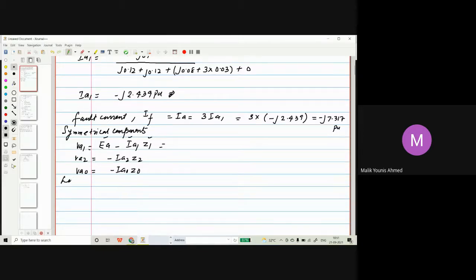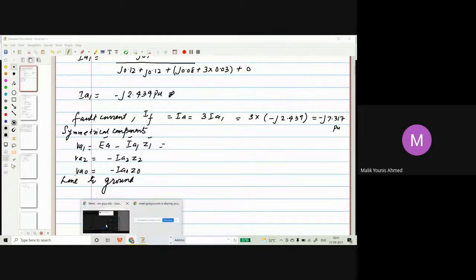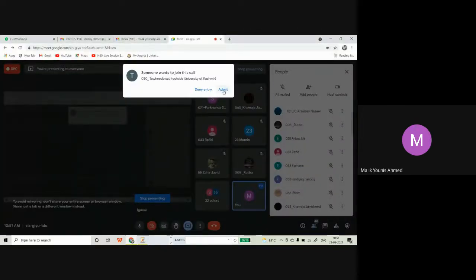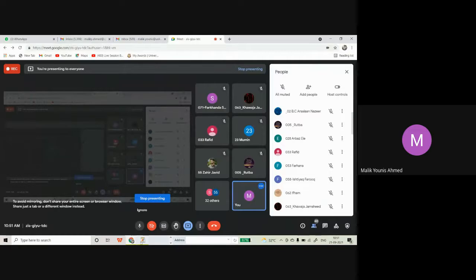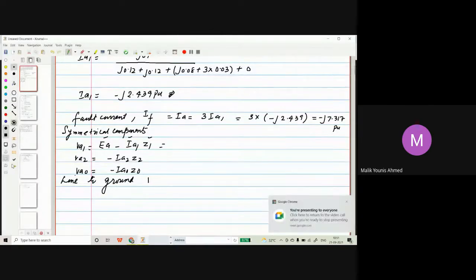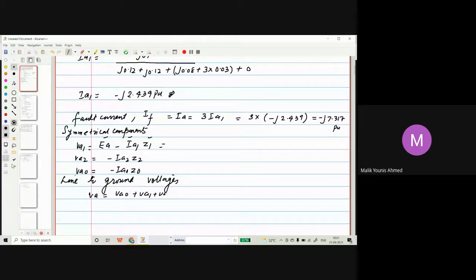Then you have to find the line to ground voltages, that is VA is equal to VA0 plus VA1 plus VA2.